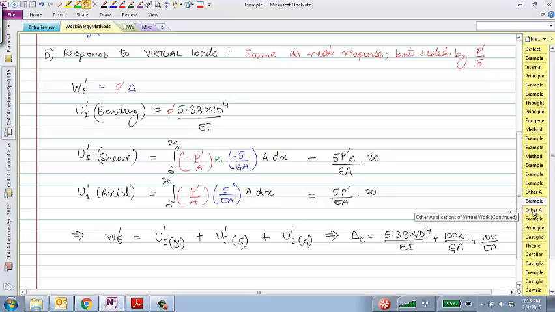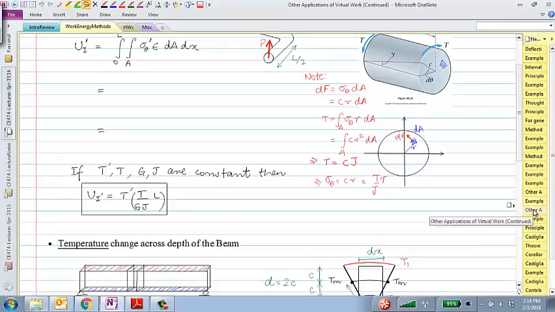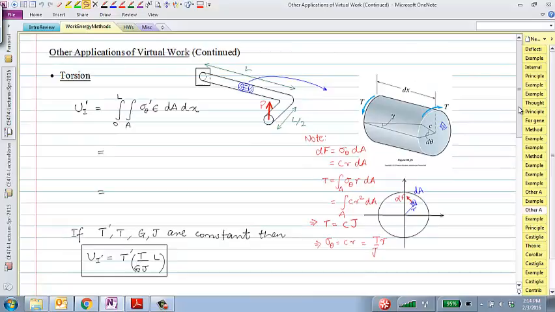bit of application of the virtual work method, not just shear force and bending moment, and not just shear force and axial force. We can account for torsion and even things like temperature change that I'll talk about in a bit. You could really not do those kinds of things with the methods that you learned from 371, right? So what's torsion?